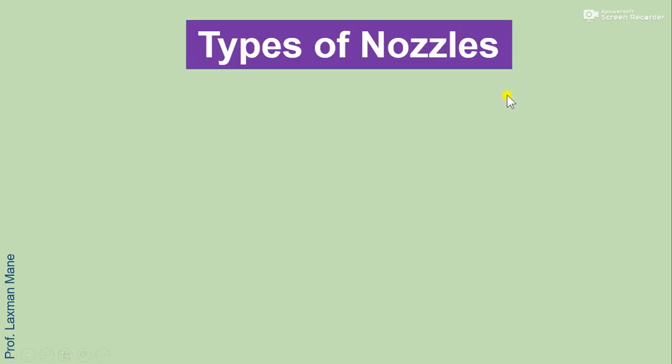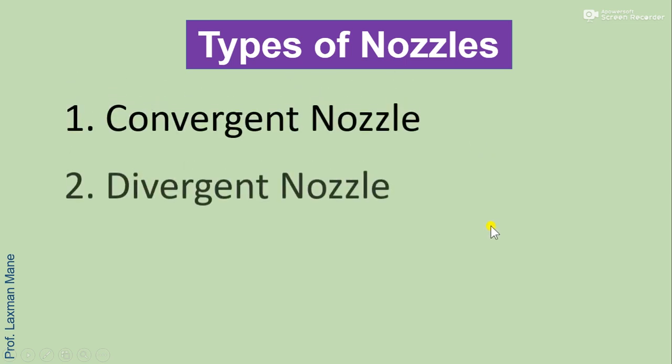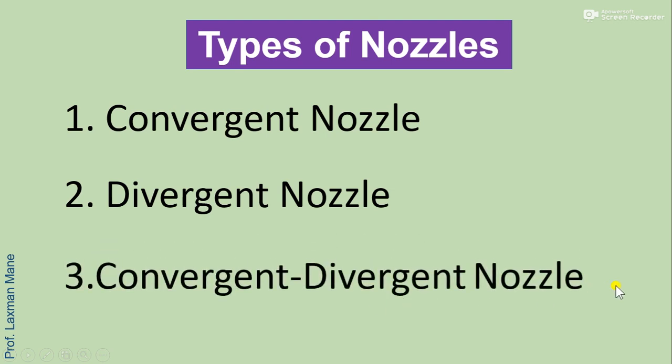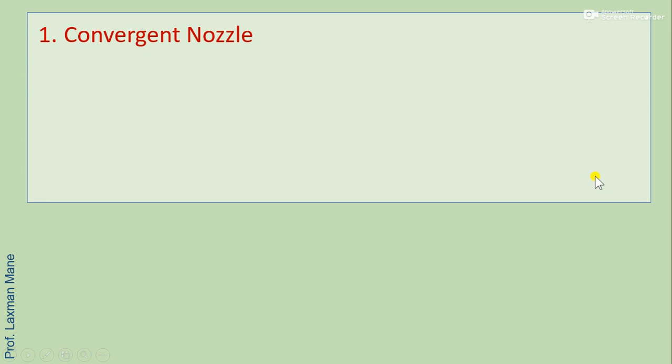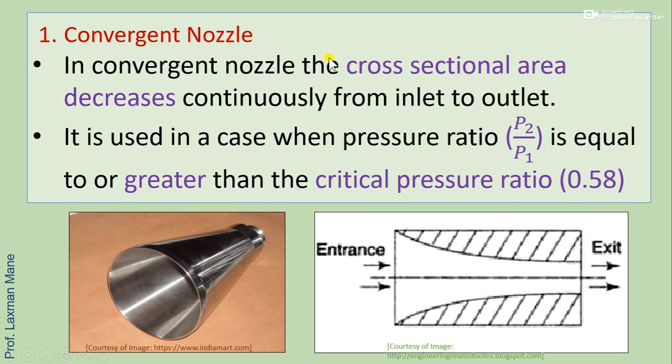Types of nozzles. There are mainly three types: convergent nozzle, divergent nozzle and convergent divergent nozzle. Let us see one by one. Convergent nozzle. In a convergent nozzle, the cross-sectional area decreases continuously from inlet to outlet.